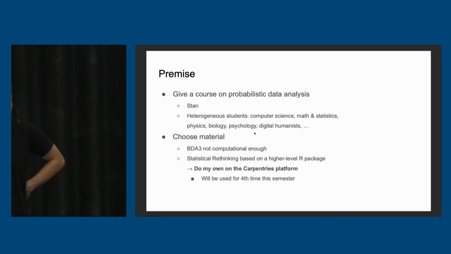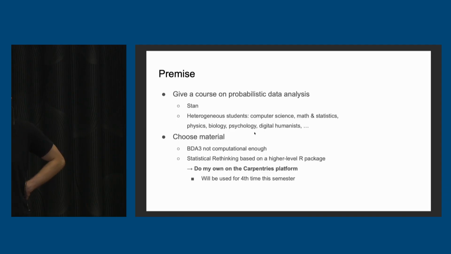When we started thinking about which material to use, Gelman's BDA was the obvious first choice, but on the other hand, it's maybe a bit too theoretical and maybe not computationally oriented enough. Statistical Rethinking is another favorite in our group, and that was actually used for the first iteration of this course at a university, but that relies on a higher level R package, whereas we wanted to get students actually building Stan programs.